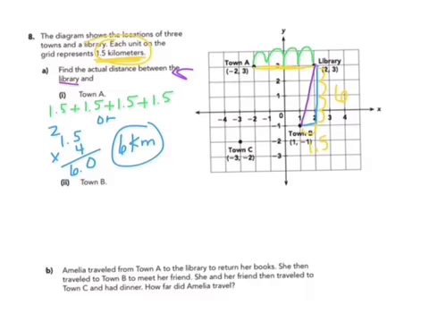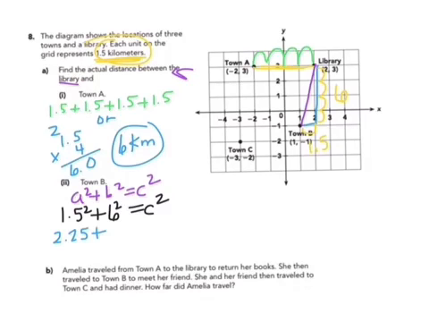Now I'm going to do a squared plus b squared equals c squared. So I would set it up with the leg of 1.5 squared plus 6 squared equals c squared. 1.5 squared is 2.25 and 6 squared is 36. Now I'm going to add that together and then take the square root.